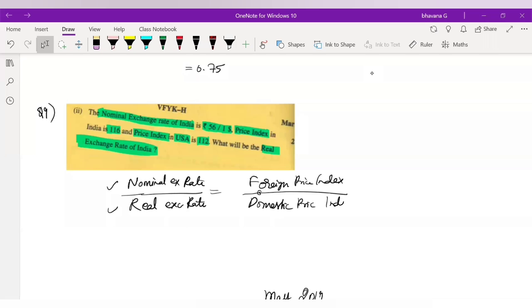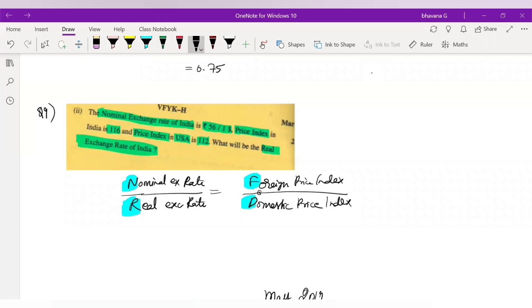So the formula is nominal exchange rate by real exchange rate equals foreign price index by domestic price index. How will you remember this? Non-resident has a fixed deposit. This is how you have to remember it.